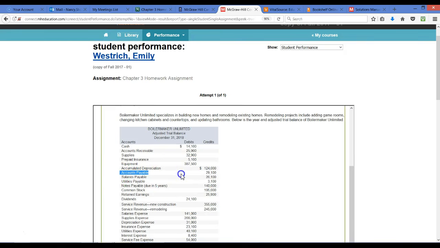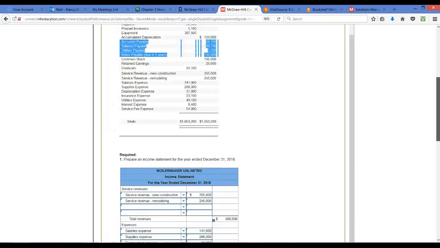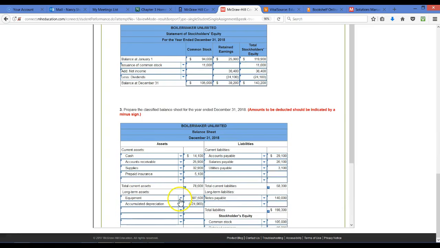All of this section right here are our liabilities. So we put those liabilities in, as you see down here. They are separating out total current liabilities from long-term liabilities.